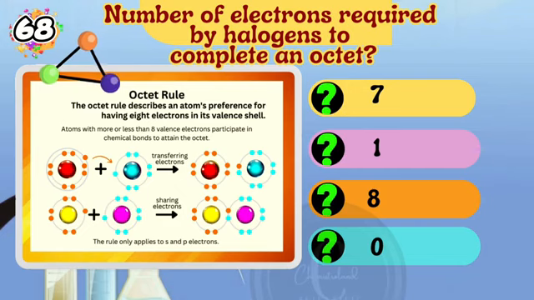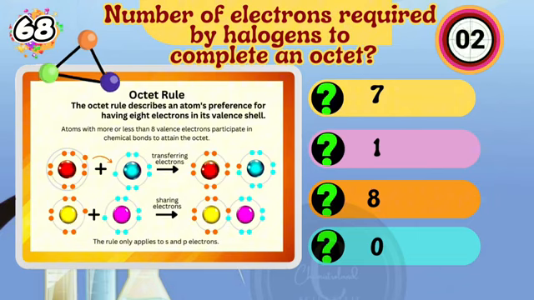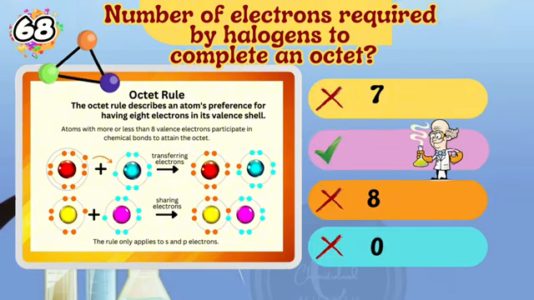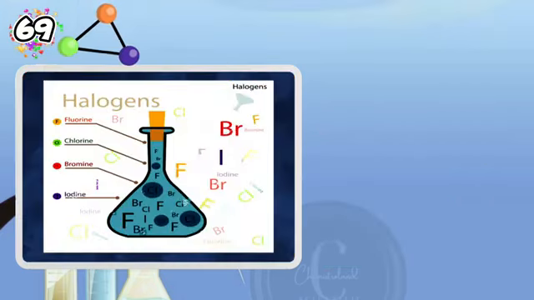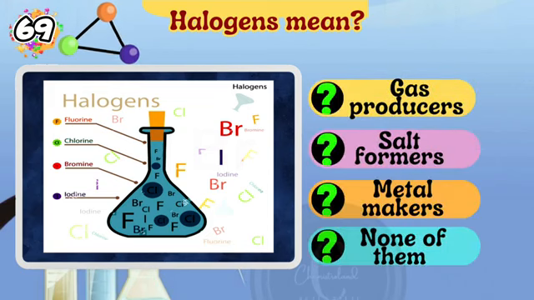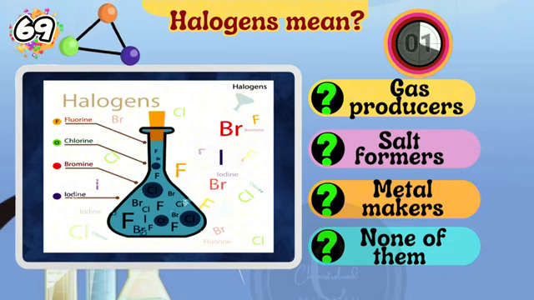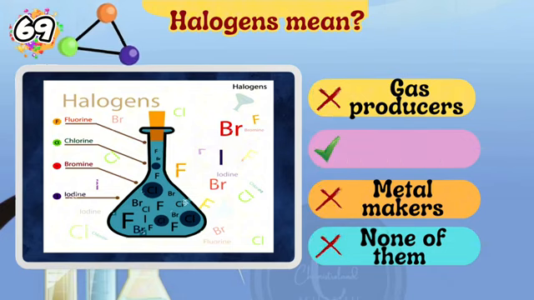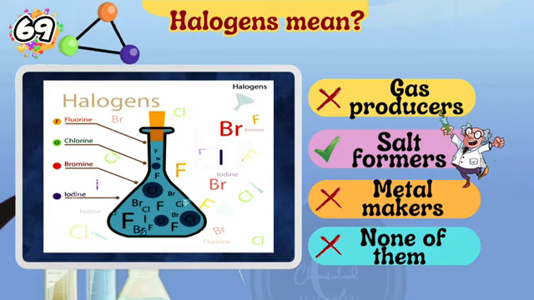Number of electrons required by halogens to complete an octet? One electron. The term halogens means salt formers.